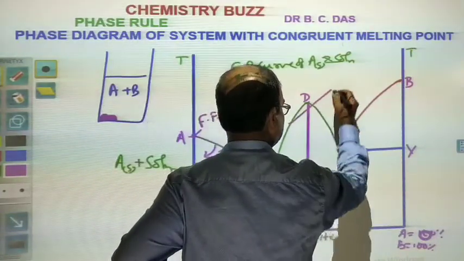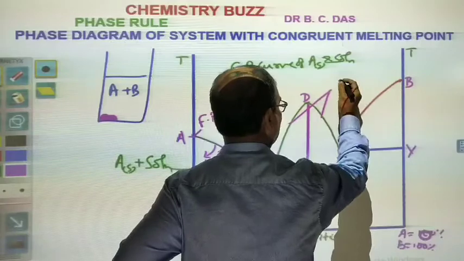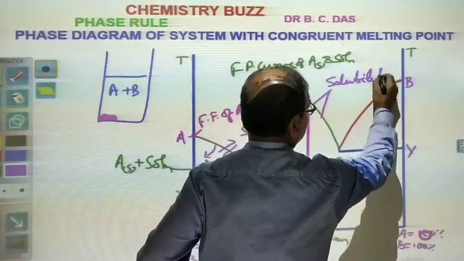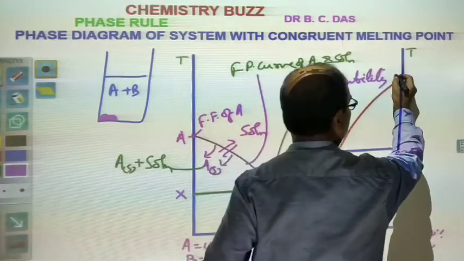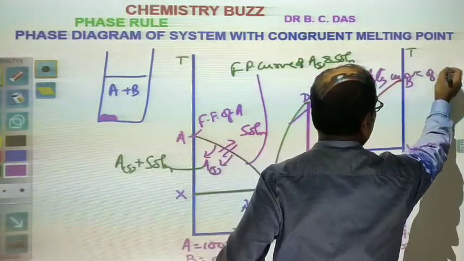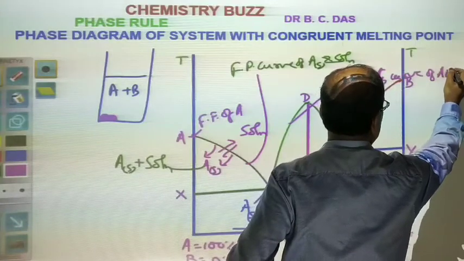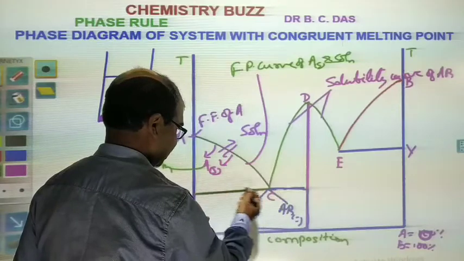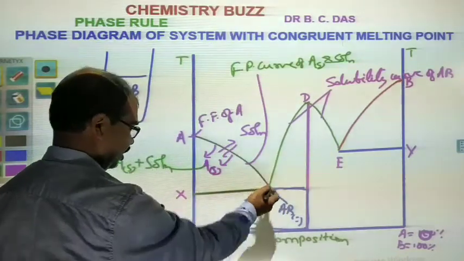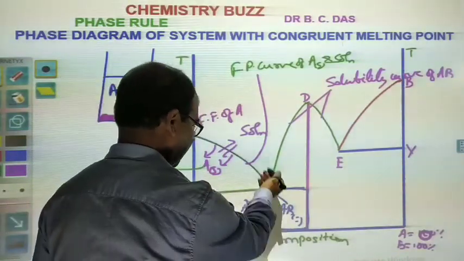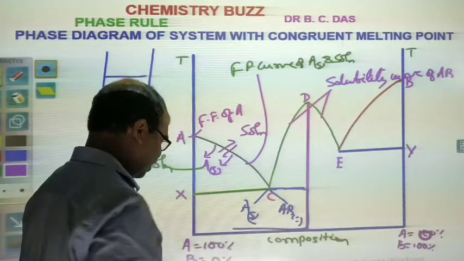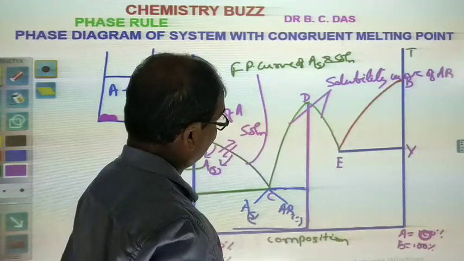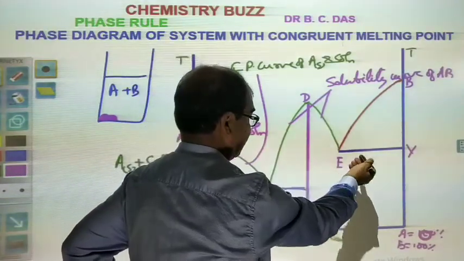These two curves are called the solubility curves of AB, because the new compound is formed at this composition and this temperature. So this is the eutectic temperature and the eutectic composition of A and AB. So this is also the solubility curve.